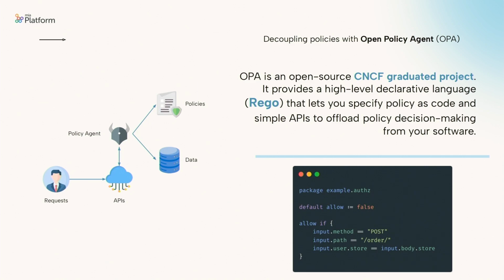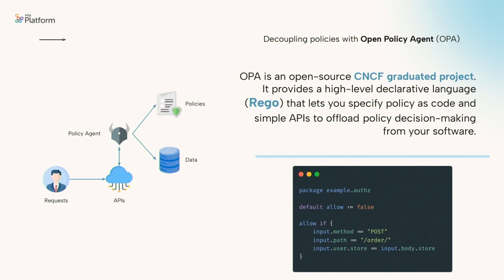The engine we need to create this approach is Open Policy Agent, which is an open source project and listed in the graduates by the CNCF. It provides basically two things.